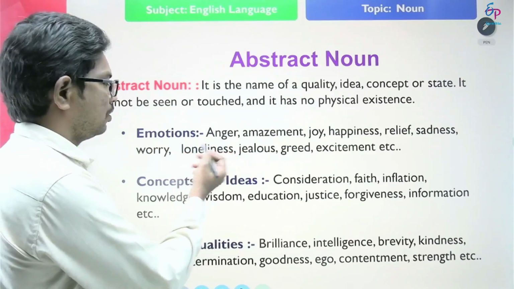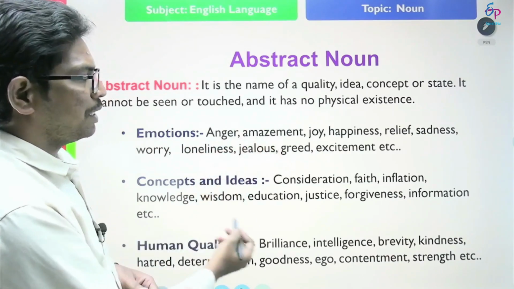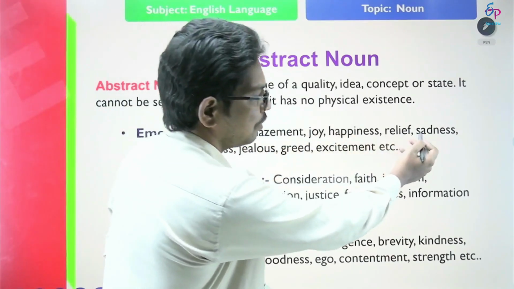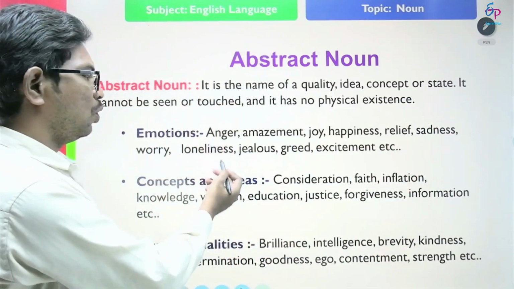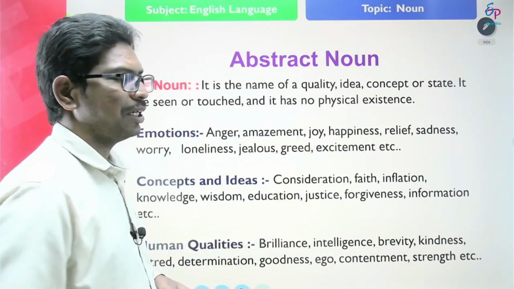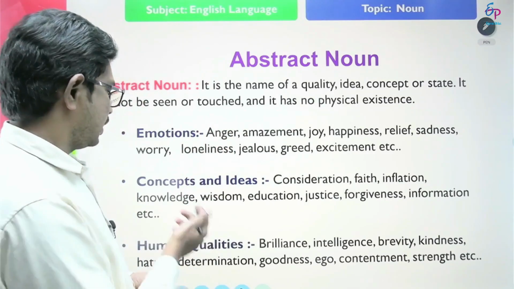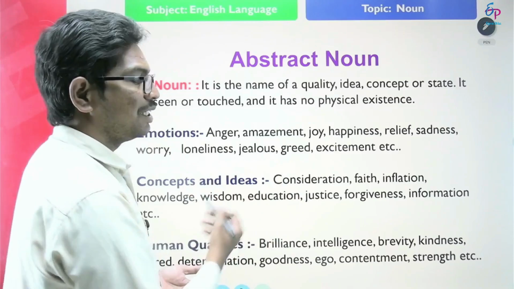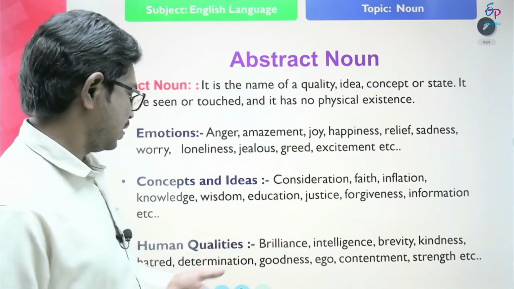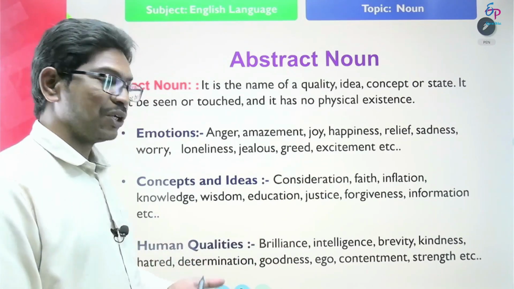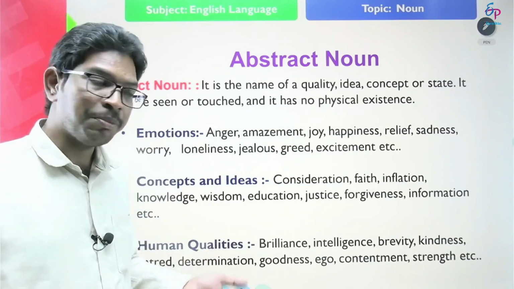So emotion: anger, amazement, joy, happiness, relief, sadness, worry, loneliness, jealousy, greed, excitement. These are all abstract nouns of emotion. Next, concepts and ideas: consideration, faith, inflation, knowledge, wisdom, education, justice, poverty.